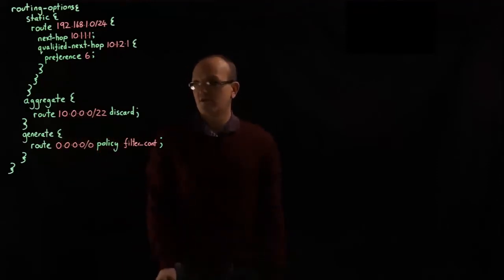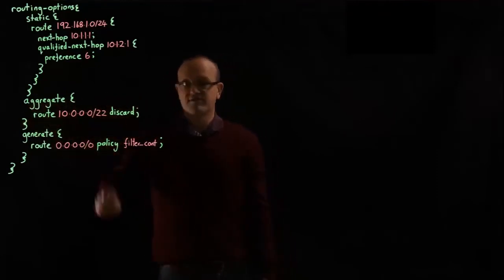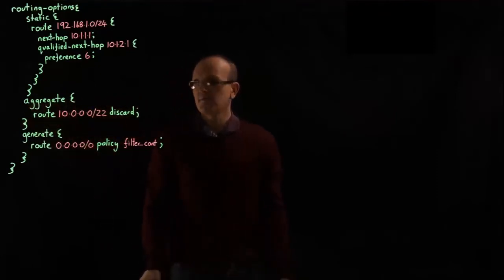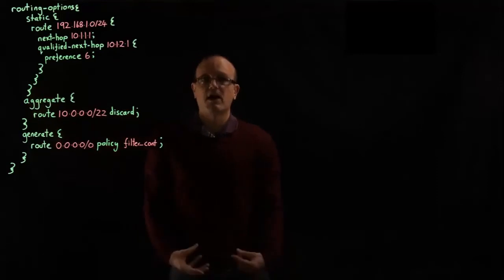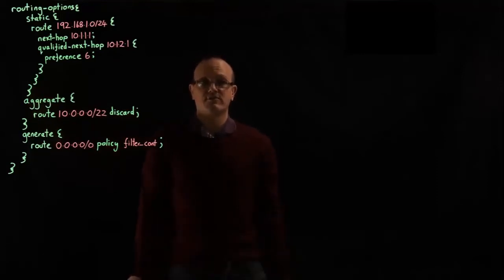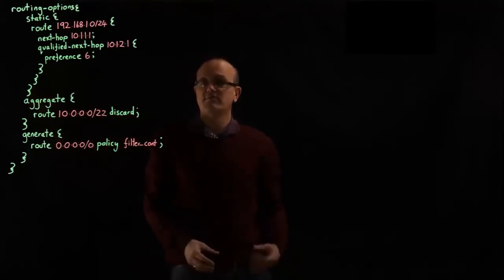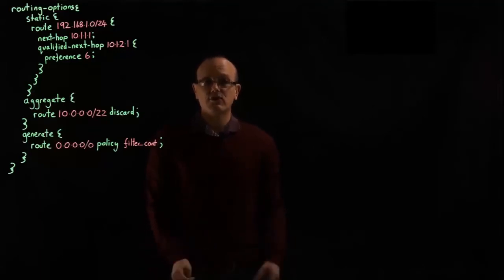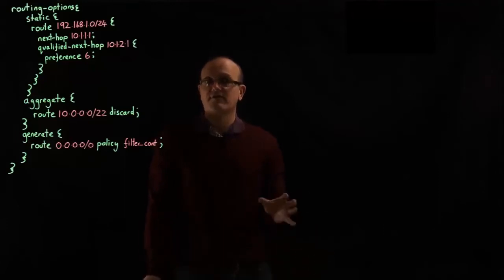So it's a contributing route. So this route then appears in the routing table. And aggregate routes are used for this address summarization and for control plane advertisement upstream. They're not used for actual forwarding traffic once that traffic arrives on the router.